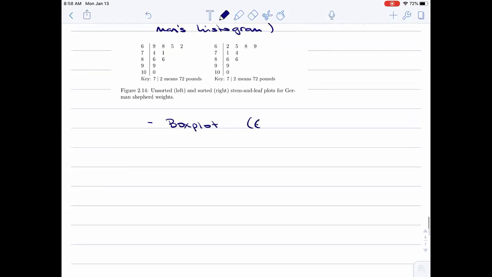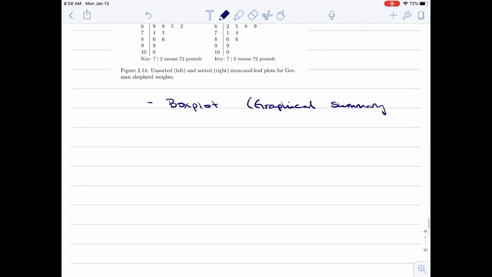But I'll put it here to plant the seed. It's a graphical summary of the 5-number summary. So many summaries.